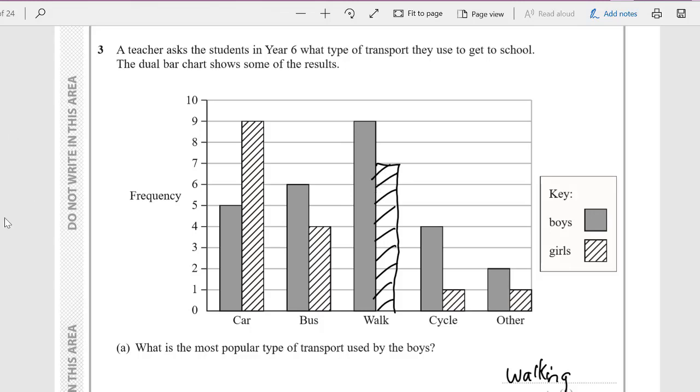So let's just capture that information. So we've got 14 here, 10 here, 16, we have 5 here, and 3 here. So if we add all of that up, our answer will be 48.